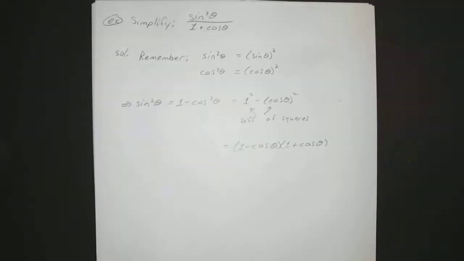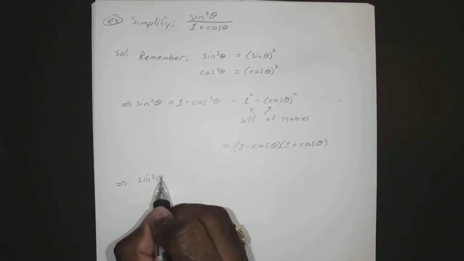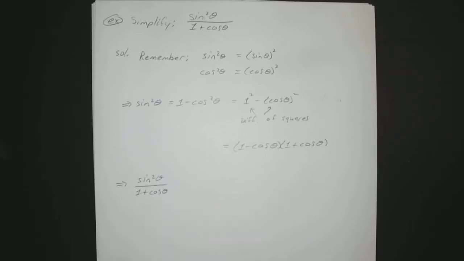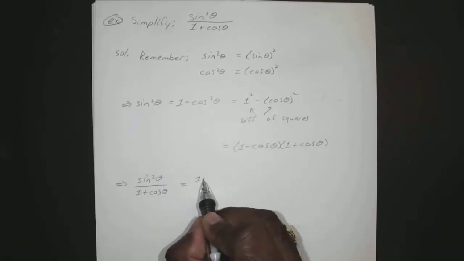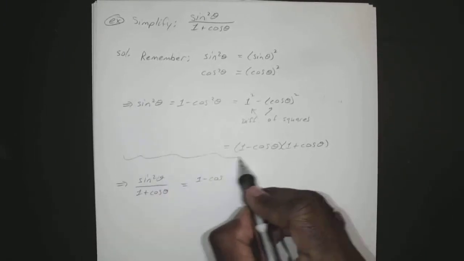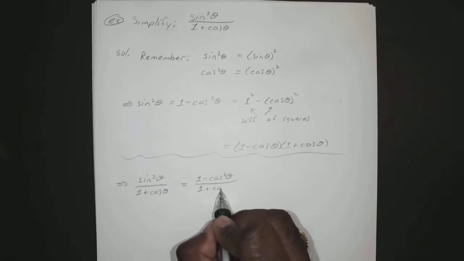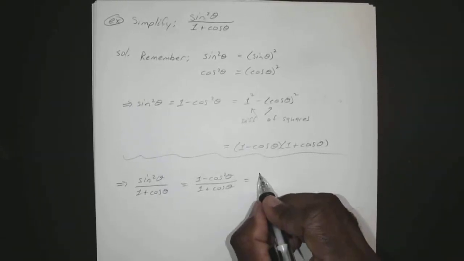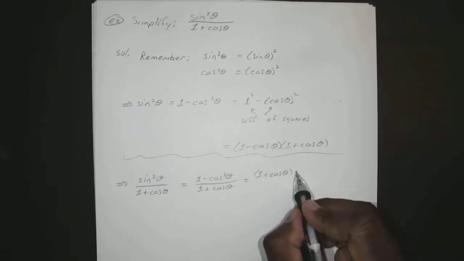Okay, so we can take what we started with, which was sine squared of theta over 1 plus cosine of theta. And we know that's equal to 1 minus cosine squared of theta over 1 plus cosine of theta, which we figured out, the numerator was the difference of squares.